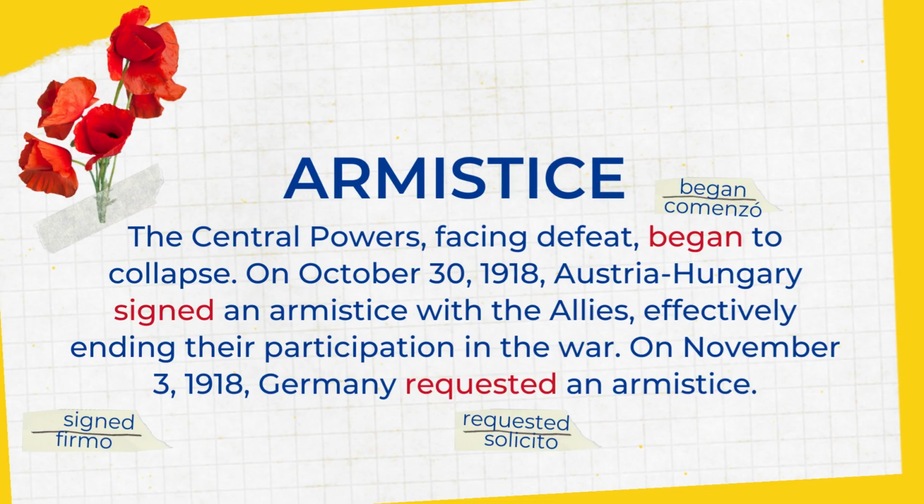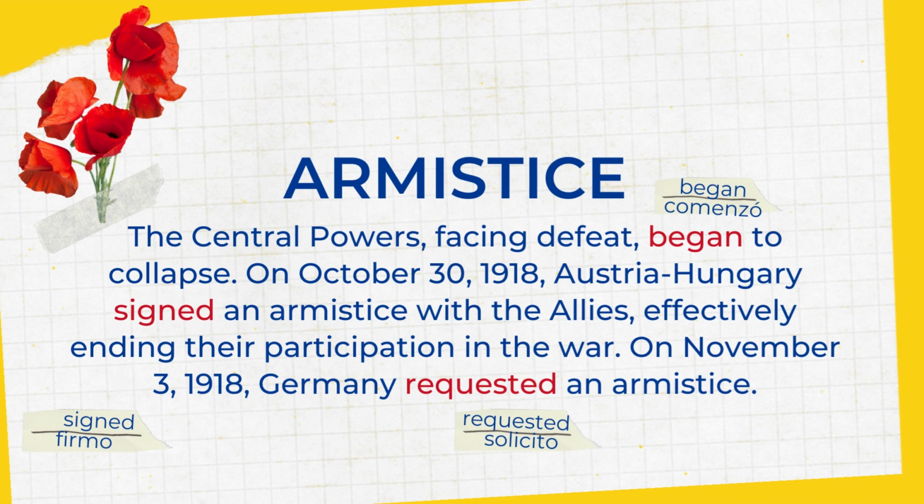So the First Battle of the Marne marked the end of the German sweep into France, and the Second Battle of the Marne marked the turning point of the war itself. So the Central Powers, facing defeat, began to collapse.